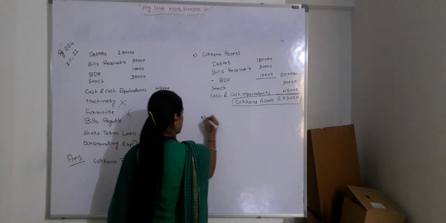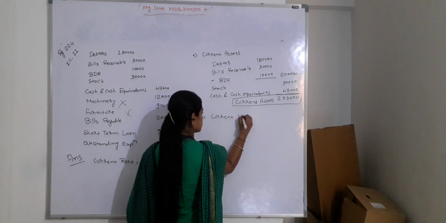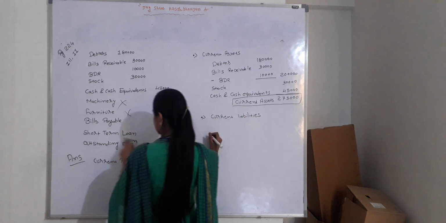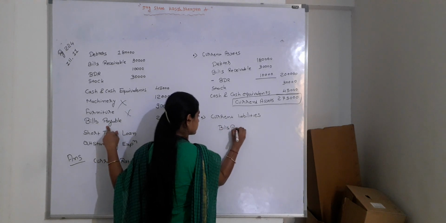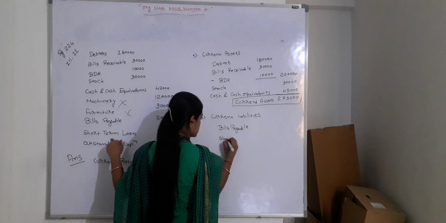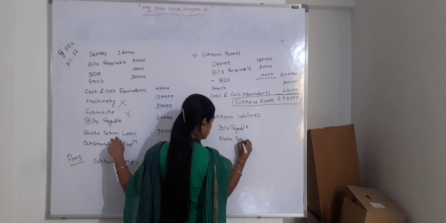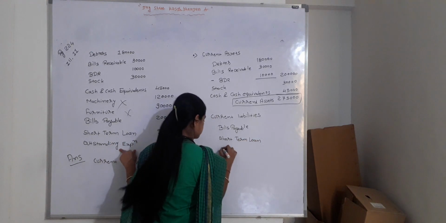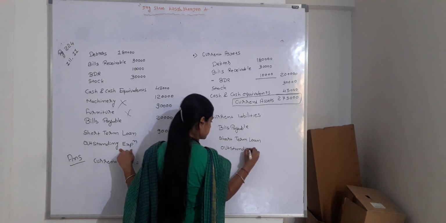Now let's find current liabilities. Bills payable, short-term loan. See, if they have given long-term loan, then it will not be included over here. And last, outstanding expense.